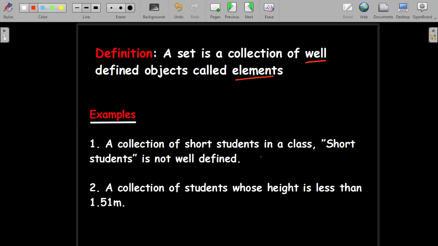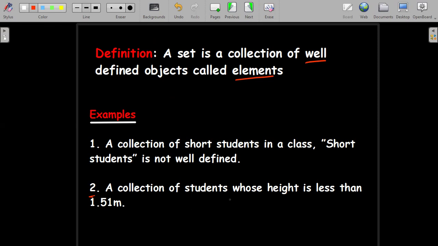It is subjective. You have to give a specification, say people that will be considered short are people under 1 meter of height. Looking at number two, it says a collection of students whose height is less than 1.5 meters. Here, this is more well defined.